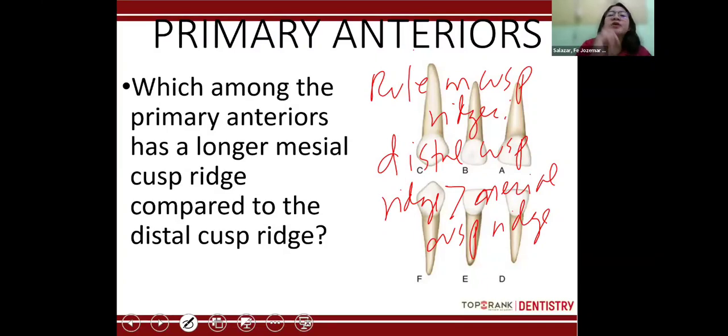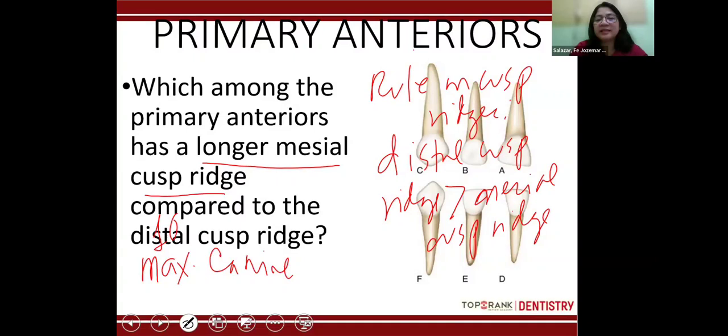Now, there is a primary tooth which has a longer mesial cusp bridge than distal cusp bridge. So it is different, it doesn't follow the rule. The longer mesial cusp bridge is seen on the primary maxillary canine.